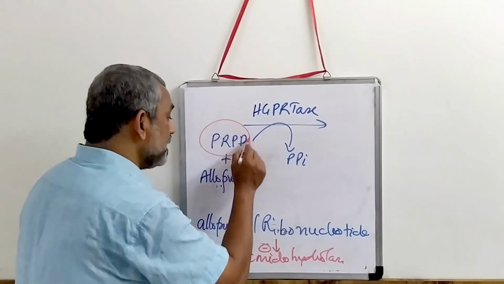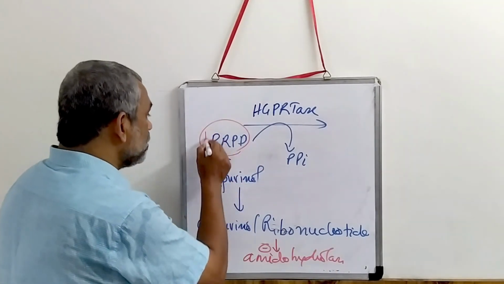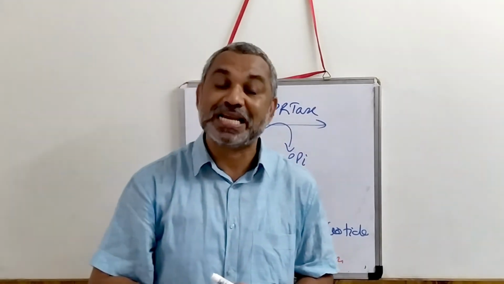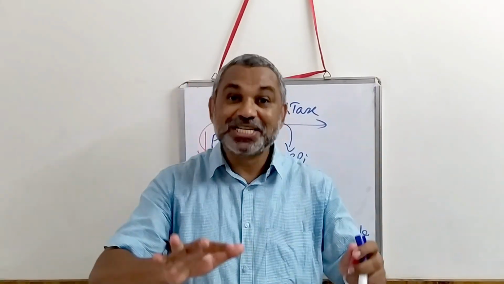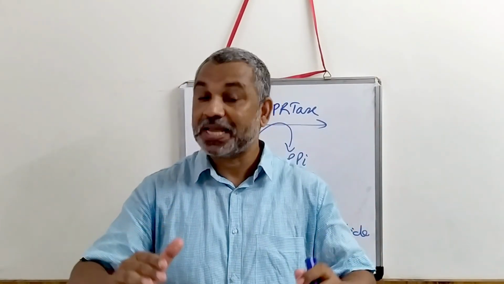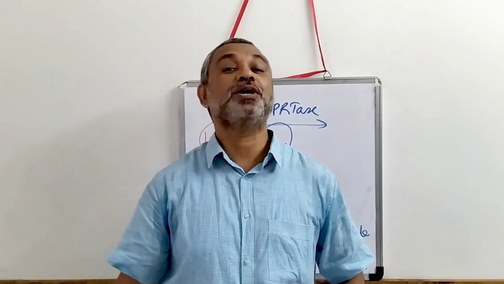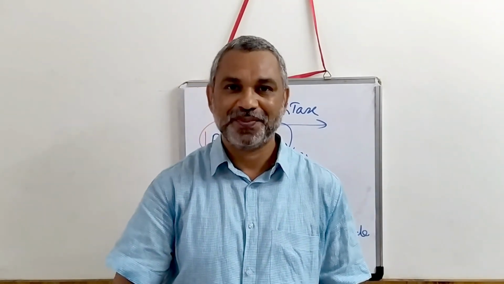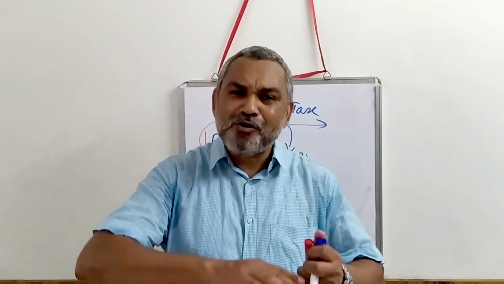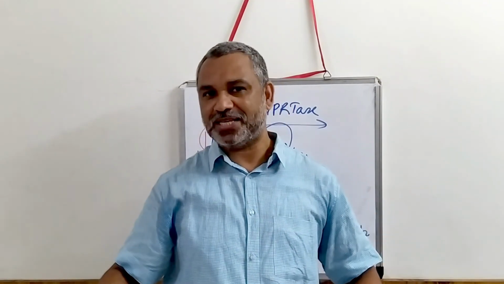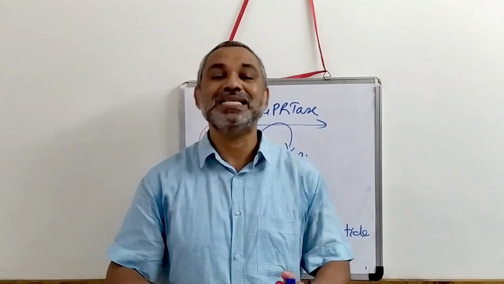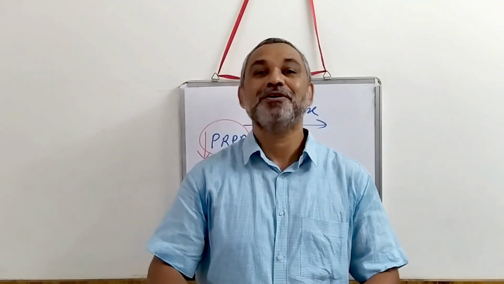At the same time, by combining with this, the concentration of PRPP decreases. If the concentration decreases, you know that it cannot stimulate the nucleic acid synthesizing pathway. You see now how, by using a variety of ways, allopurinol is inhibiting uric acid synthesis.